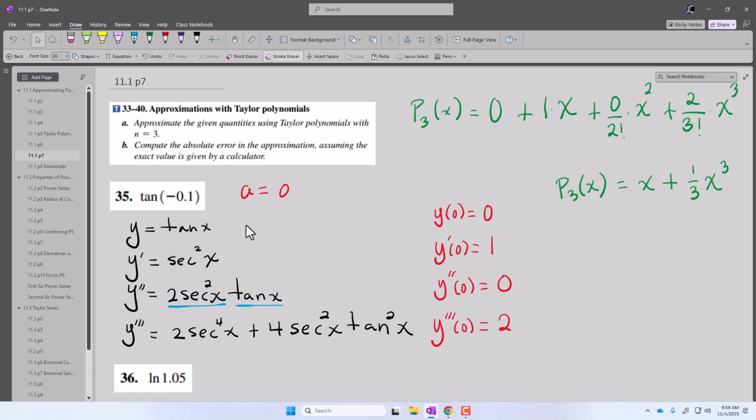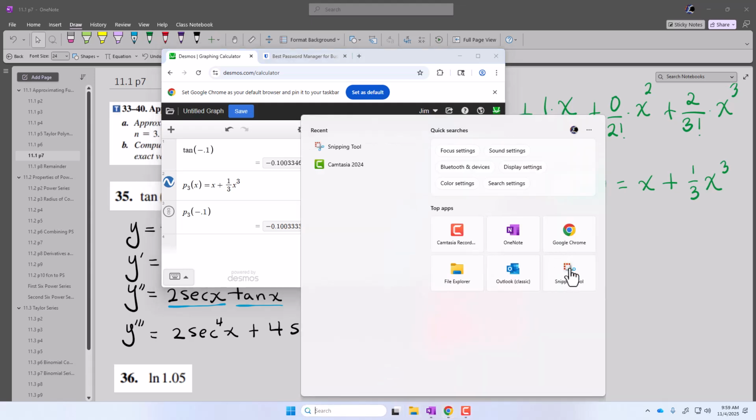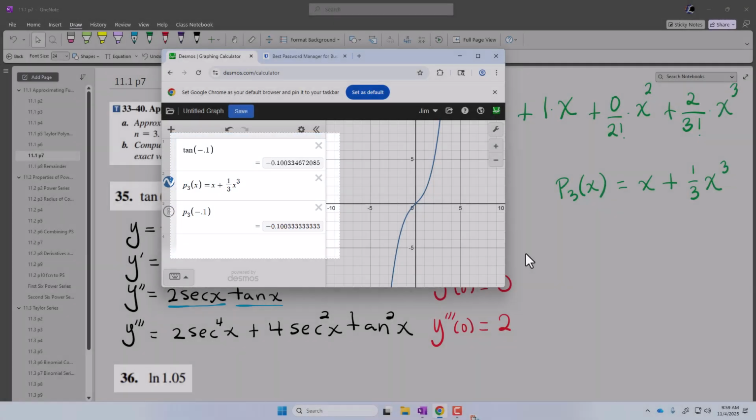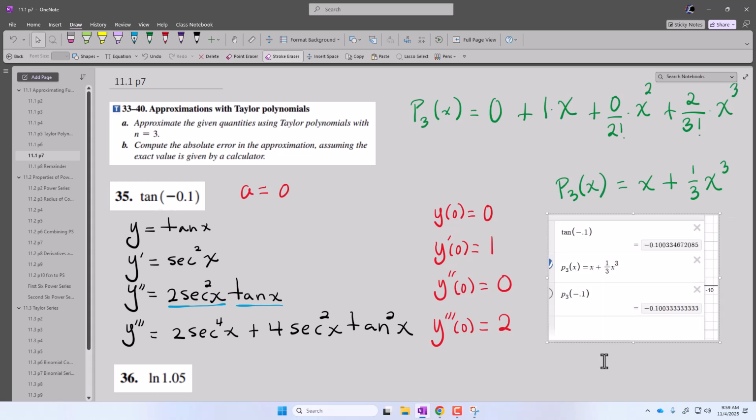Am I in the wrong units for the angles? I'm in degrees and I'm not getting what you're getting. Plugged a positive 0.1. Thank you. Yeah, we want to be in radians. There we go. Yes, thank you. All right, so there is our business. Definitely want radians though, not degrees.